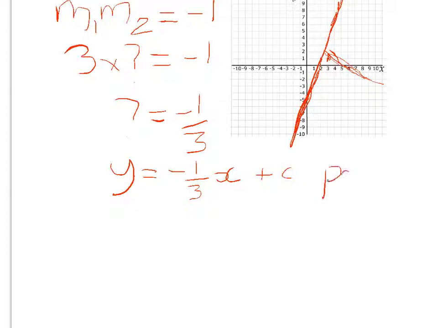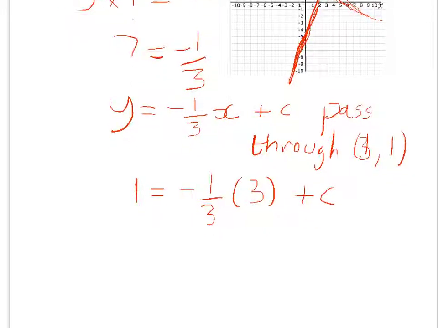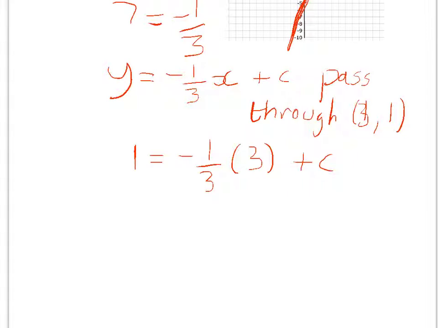So all we're going to do is substitute those two values in, and we should find our constant value c. So the y is 1, equals minus a third times our x value, which is 3, plus c. Now, minus a third times 3 is minus 1, so it equals minus 1 plus c. So our constant is 2.